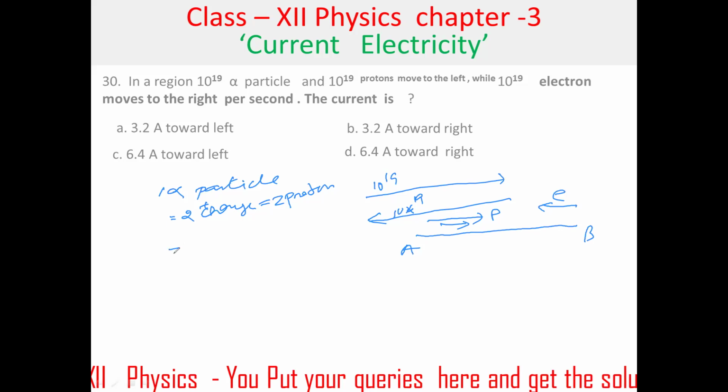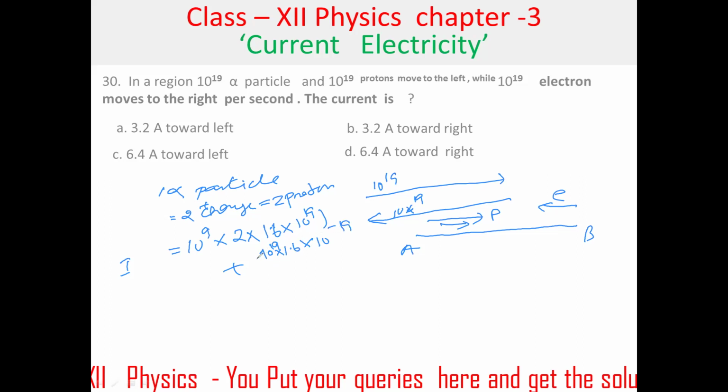See, the current I would be 10 to the power 19 into 2 into 1.6 into 10 to the power minus 19, plus 10 to the power 19 into 1.6 into 10 to the power minus 19.